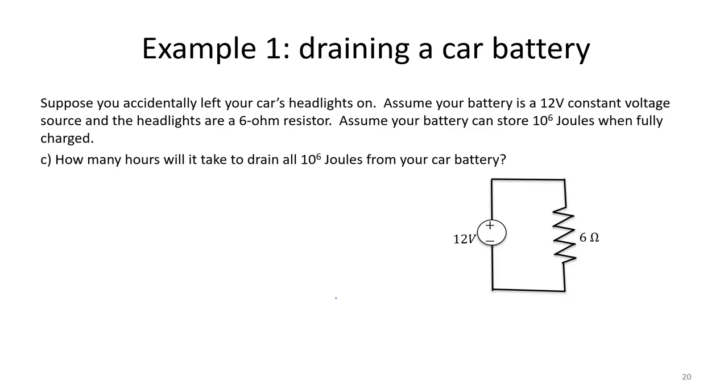This part asks, how many hours will it take to drain all 1 million joules from the car battery? Let's assume our battery is initially full. So pause the video for a moment and see if you can solve this one.